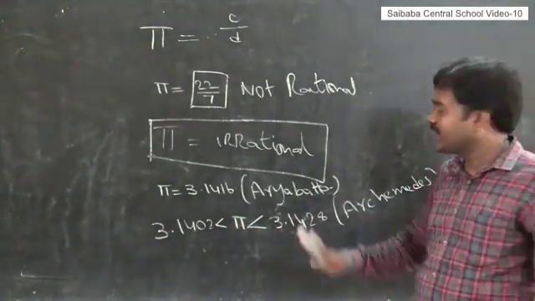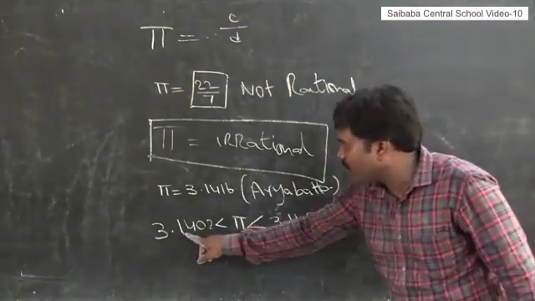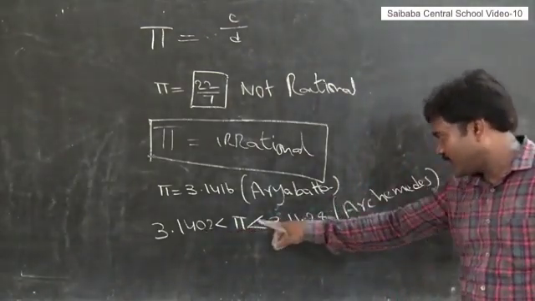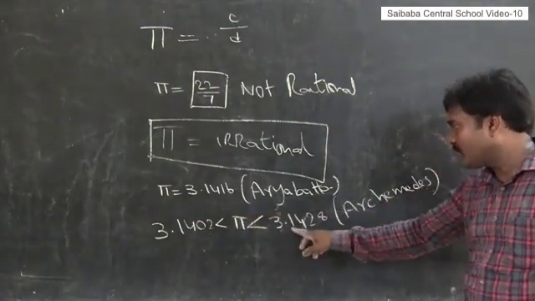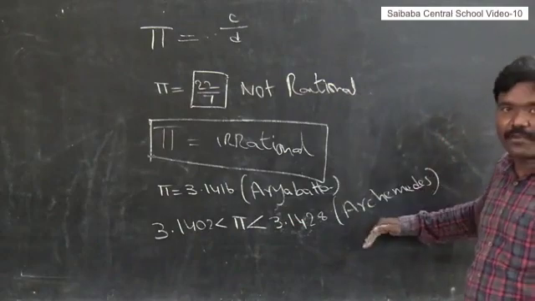Who gave the pi value exactly to 4 decimal places? Aryabhatta. Archimedes gave this range, between 3.1402 and 3.1428. Archimedes and Aryabhatta.